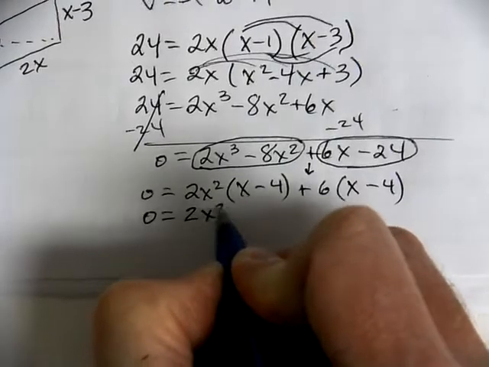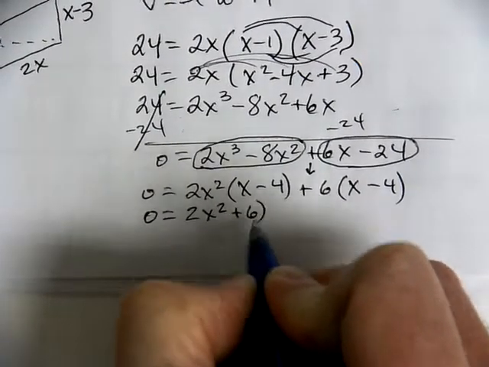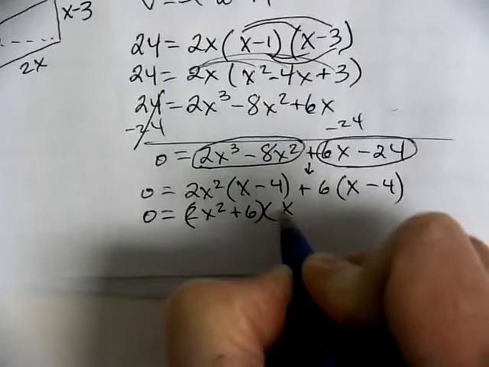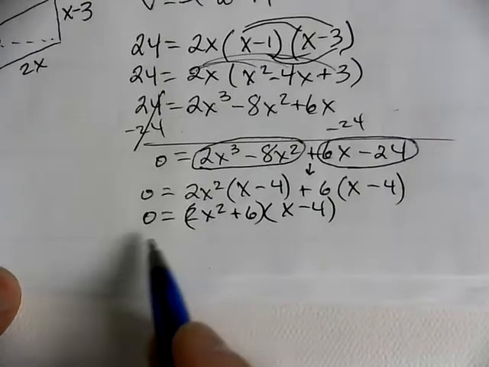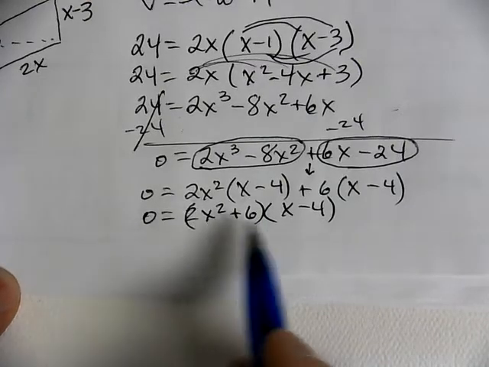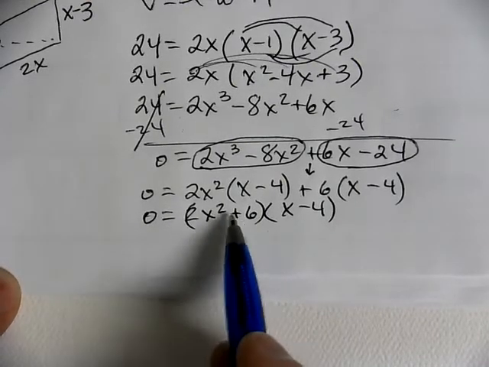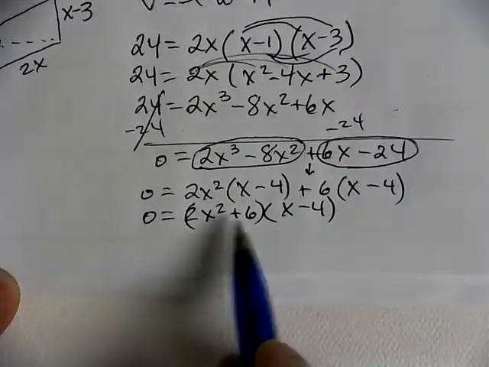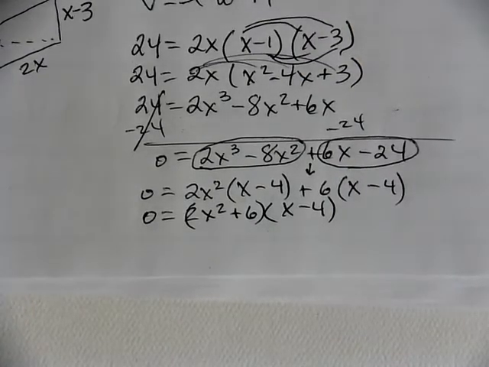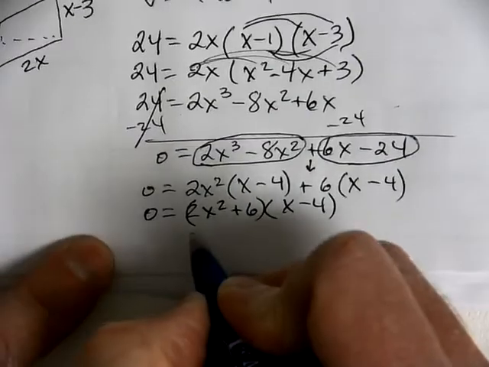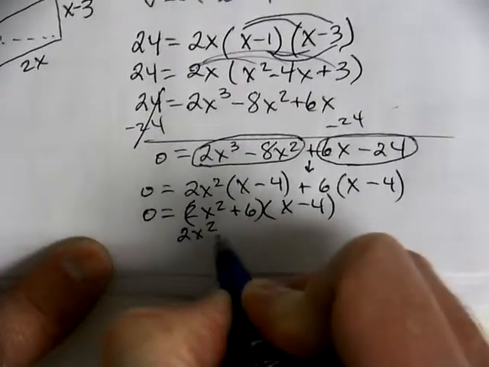This gives us 2x squared plus 6 and x minus 4. Now I kind of look at it, and I could factor out another 2, but I'm solving, so it's irrelevant. It doesn't change the answer. So we're going to use the zero product property.